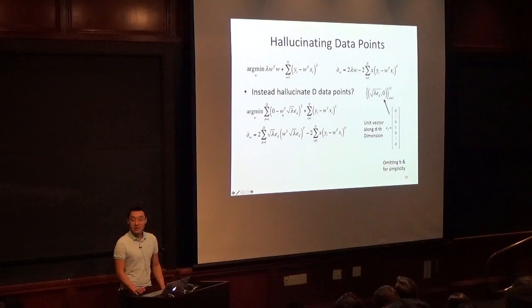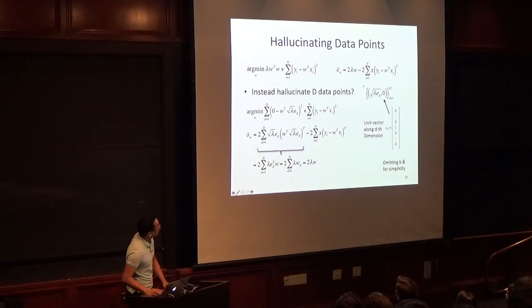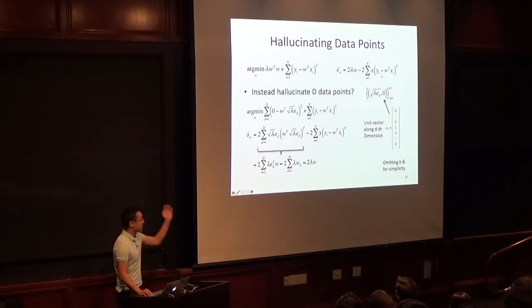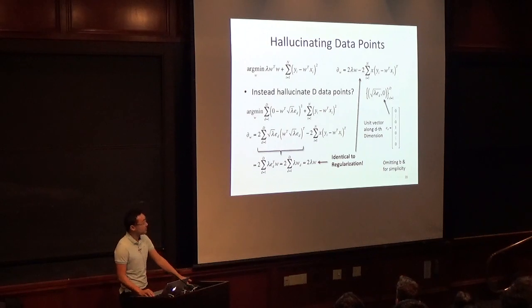Let's take the gradient of this guy. Wow, it looks exactly like the gradient of the L2 regularized learning objective. You could verify for yourself later. It's a pretty standard derivation. Identical. What does that mean?